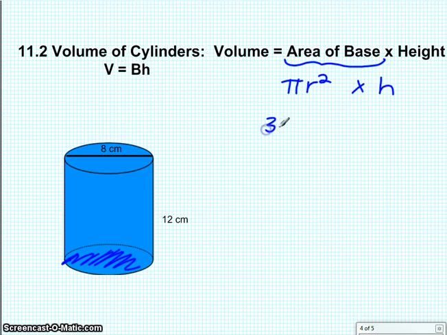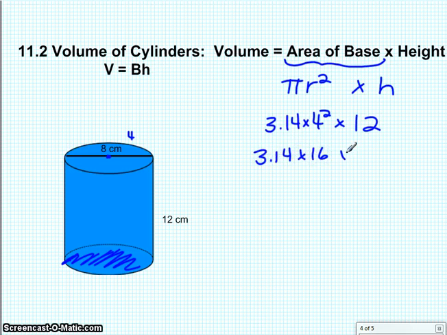So pi is 3.14. Now the r in this formula is for the radius. Well, this is not a radius I have here. This is a diameter. So I need to remember that each side of this is a radius. So the 2 sides of it are 4. So I'm going to plug in a 4 and square it, and then multiply it times the height of the whole cylinder, which is 12. 4 squared is 4 times 4, so we have 3.14 times 16 times 12, and 3.14 times 16 is going to give me 50.24.